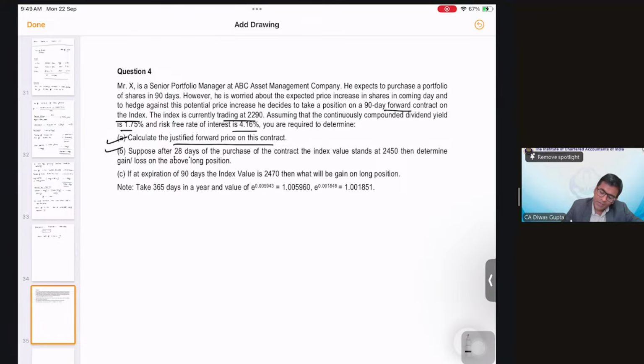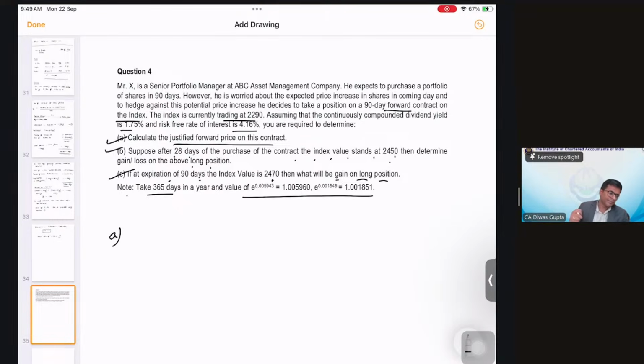Suppose after 28 days of the purchase of the contract, the index value stands at 2450, then determine the gain or loss on the above long position. If at the expiration of 90 days, the index value is 2470, then what will be the gain on the long position? Note, take 365 days in a year and the value of e raised to the power something are given. So this is a very simple straightforward question in which we just need to put the formulas and arrive at the values.